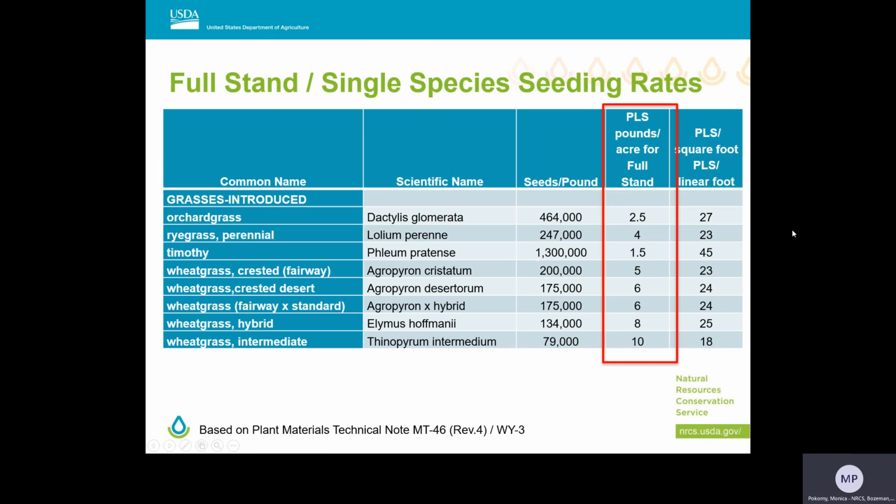For most of these species, we're aiming to have 20 to 25 pure live seeds per square foot. This is the target number when you have a medium-sized seed. This range is based on research and observational experience on successful stand establishment.